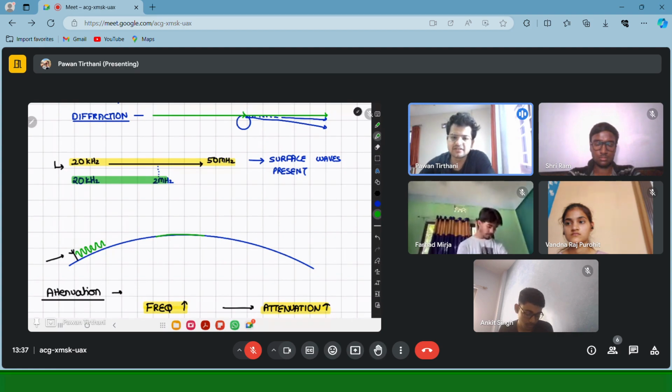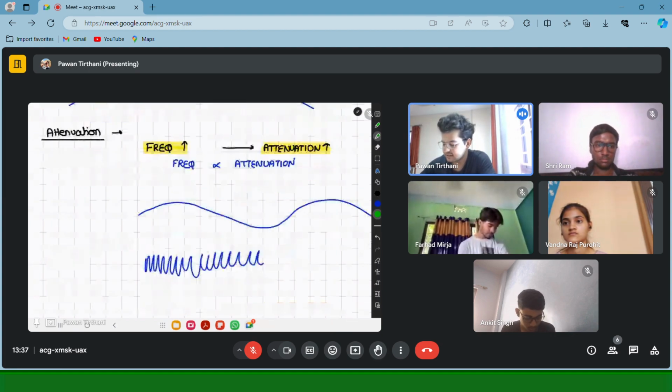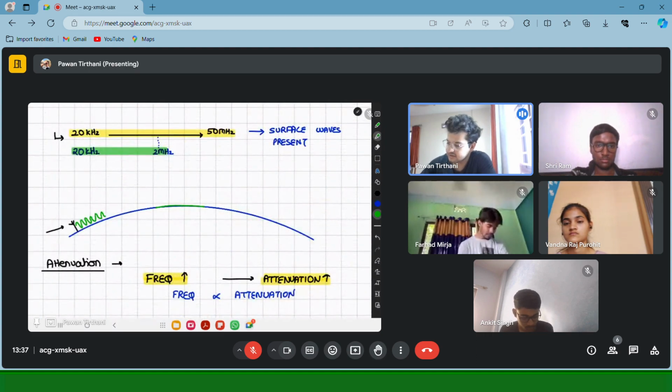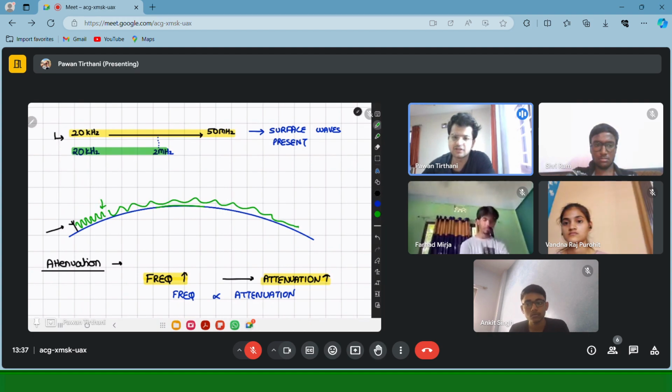Above this, using it as surface wave is not a very good idea, because the frequency is so high that we wanted the surface wave to go far, but it dies down here only, so it is not giving me range. It is giving me only 1 kilometer, 5 nautical mile range. I don't want these things. Getting it?